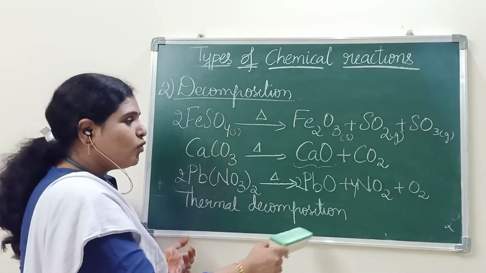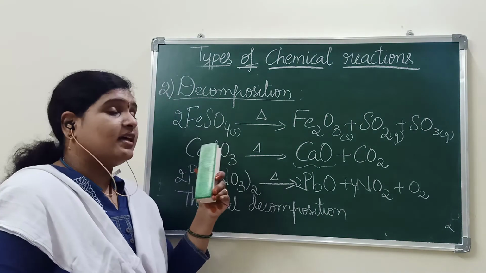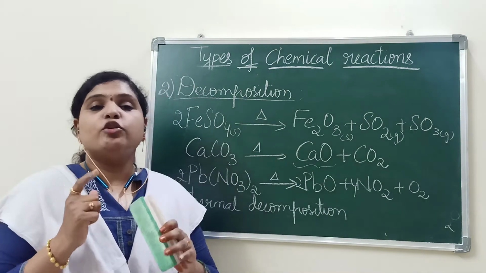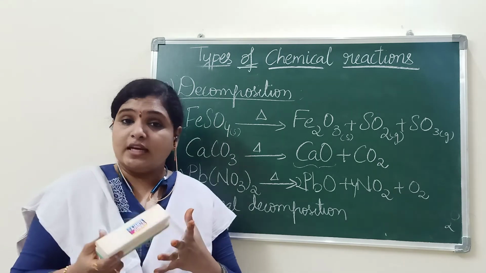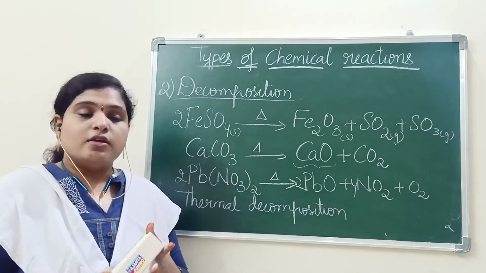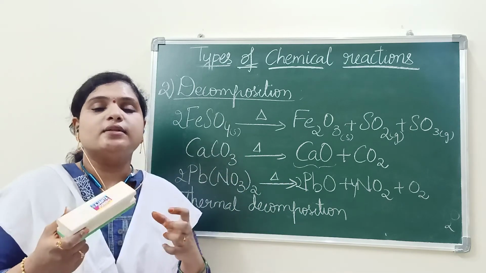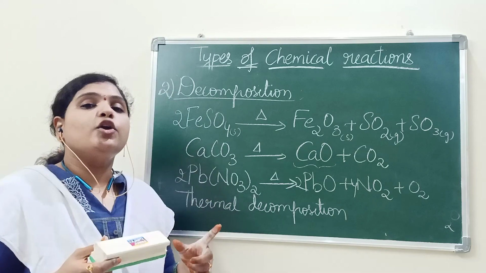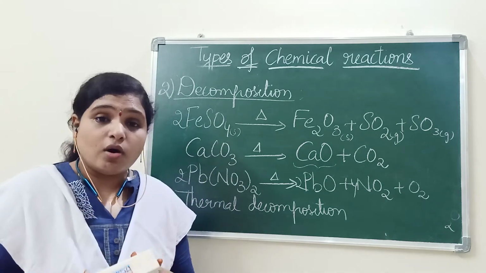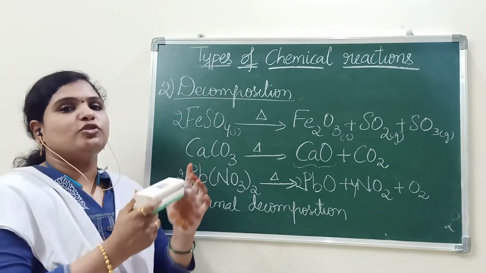As these involve some kind of energy for the reaction to occur, these reactions are called endothermic reactions. What do you call these reactions? Endothermic reactions, because some energy is required for the reaction to occur.